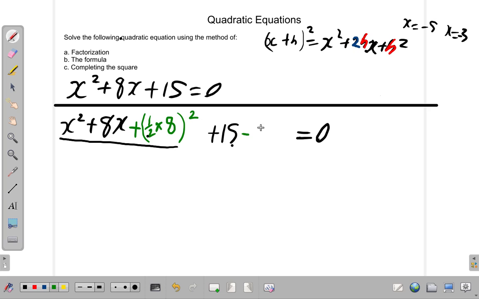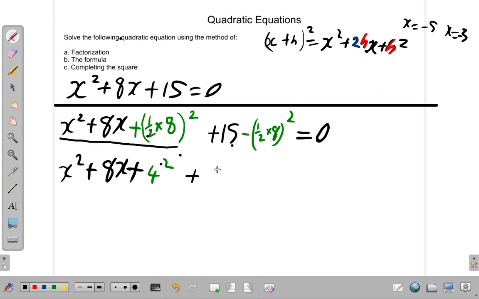So you minus half of 8 all squared. You see that? So what happens here is this. x squared plus 8x plus half of 8 is 4. So it's 4 squared. We will keep it as 4 squared for now. We won't bother to write it as 16. Let's keep it as 4 squared.